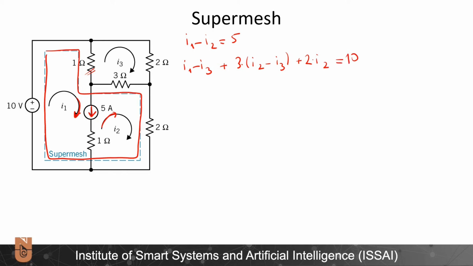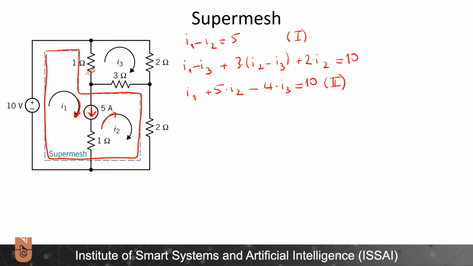Let's write this equation in the simpler form, by collecting the terms: I1 plus 5 I2 minus, if I am not wrong, 4 times I3 is equal to 10. So let's number this one as 1. Let's write this one as 2.